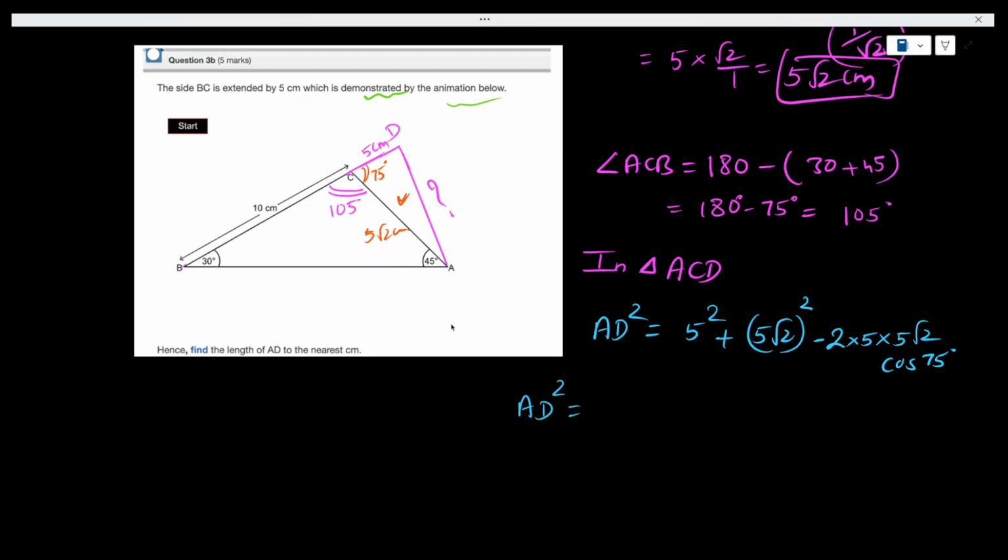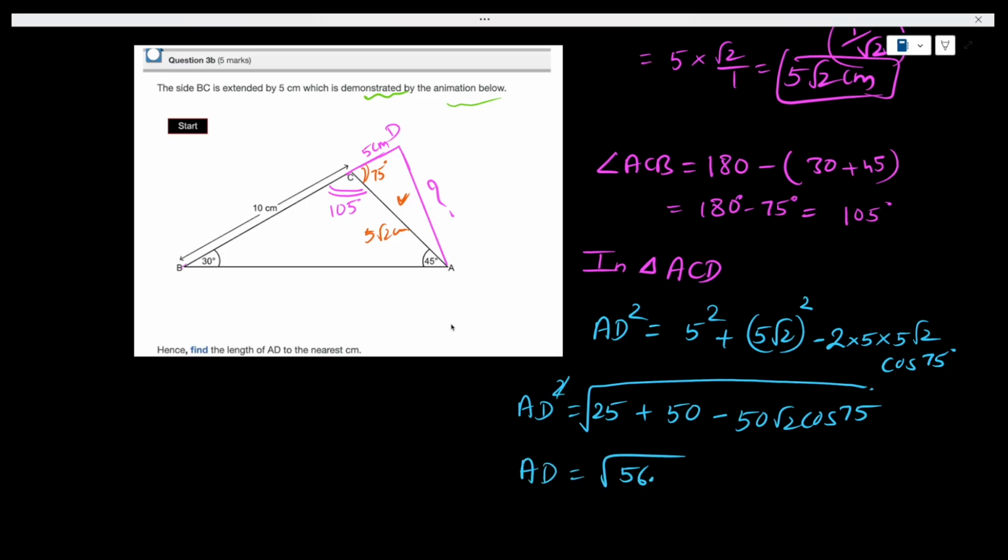AD square will be 25 plus 50 minus 50 root 2 cos 75, and then the square root of that value. AD is root 56.698 approximately. If you take the square root, it is 7.5298 centimeter, and to 3 significant figures it will be 7.53 centimeter.